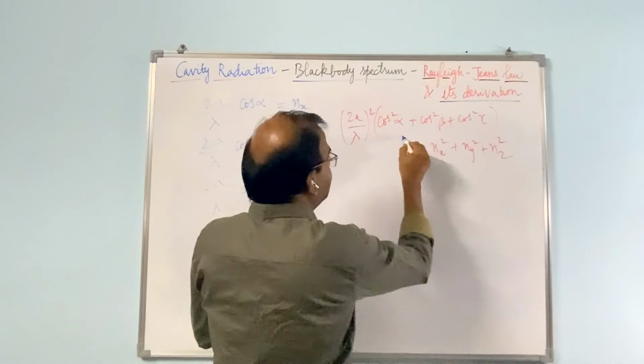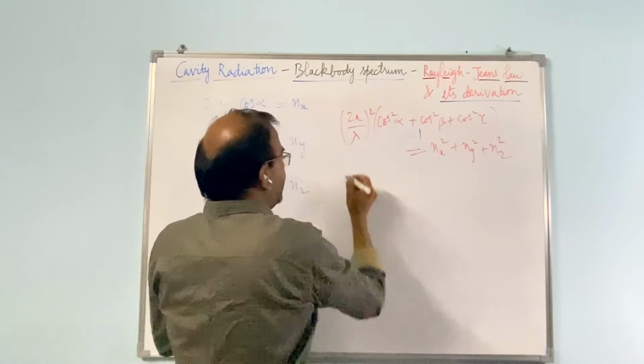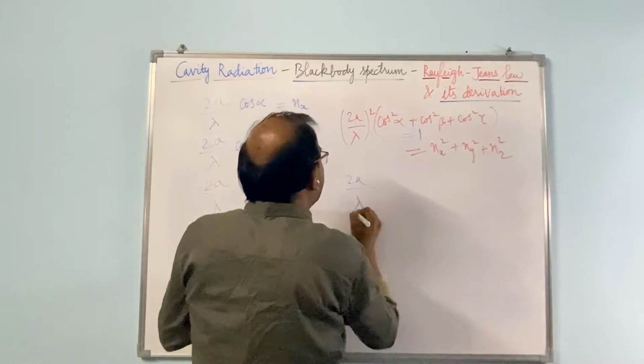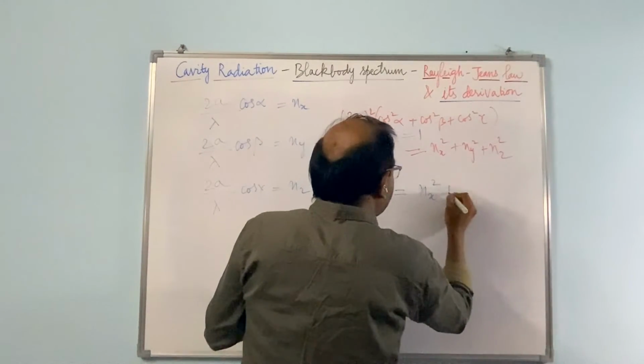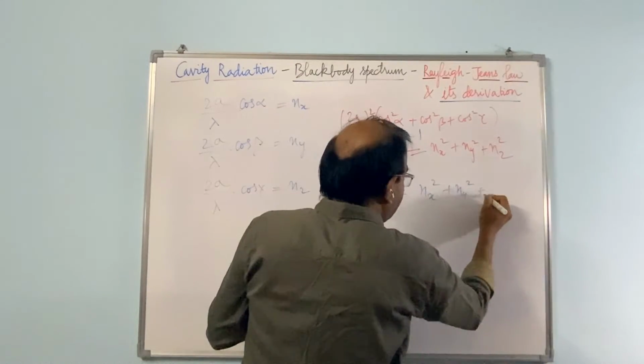We note that this term goes to 1, right? So the remaining is 2a over lambda squared is equal to nx squared plus ny squared plus nz squared.